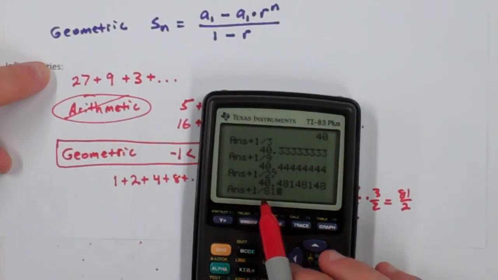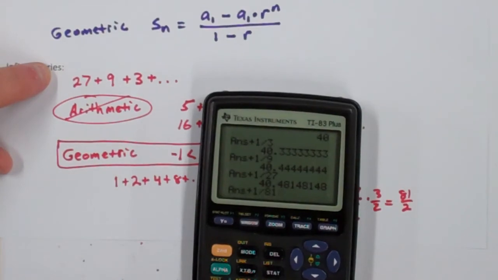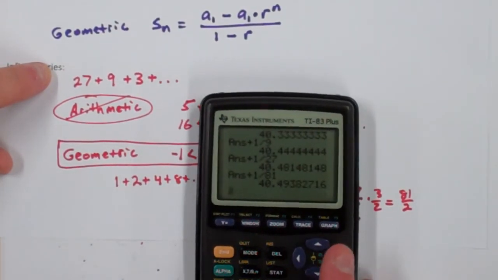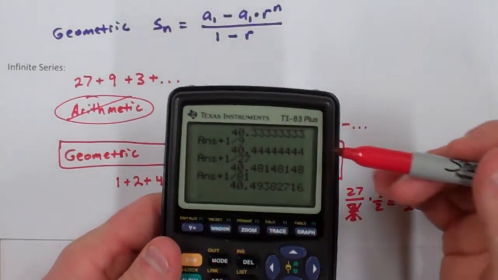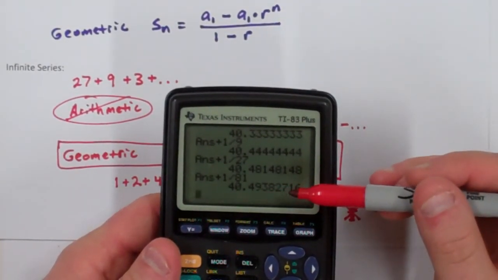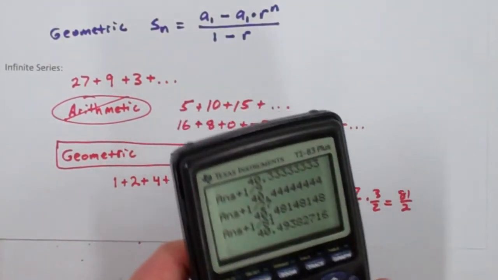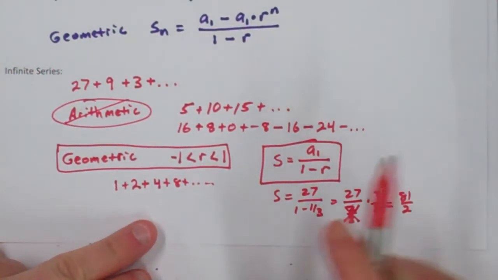All I'm doing to get this next term is multiplying each previous term by 1/3. And you can see that this sum looks like it's approaching 40.49, and you can tell that it's going to probably get close to 40.5. But we can figure that out exactly with our formula here.